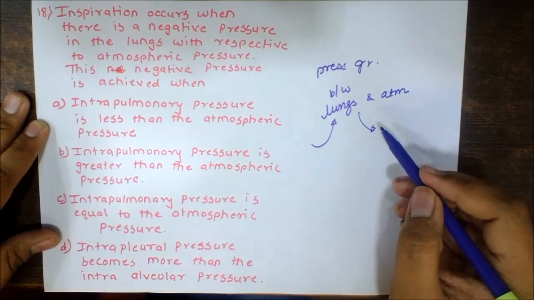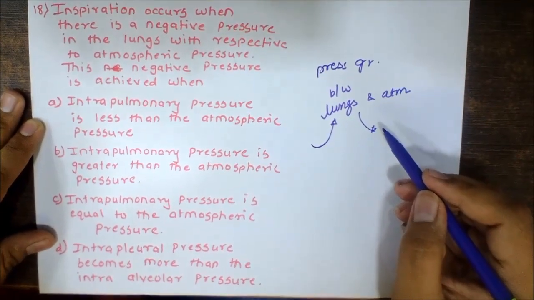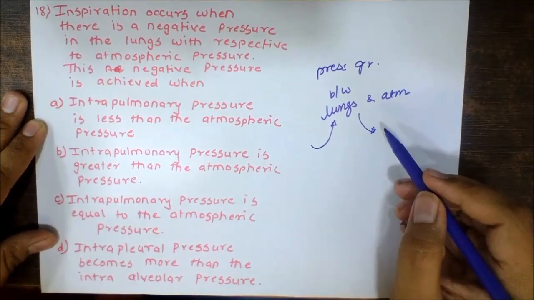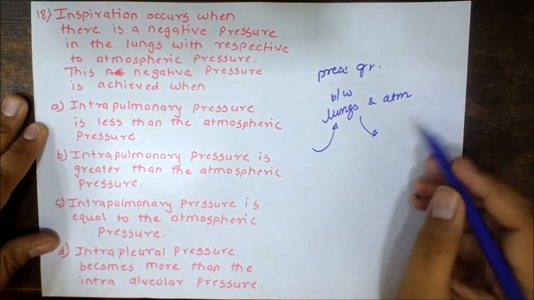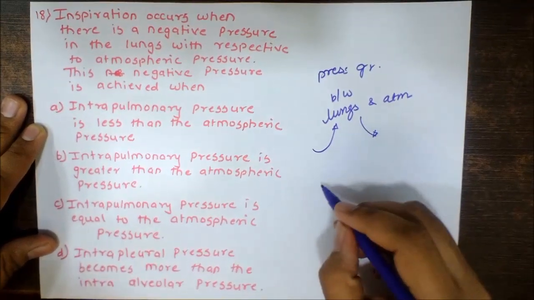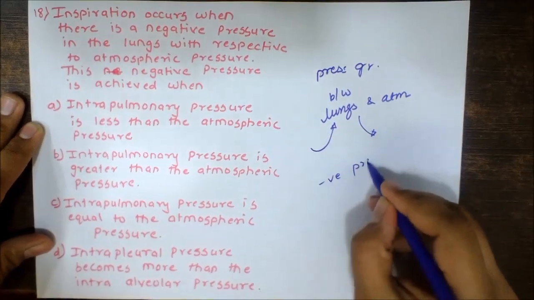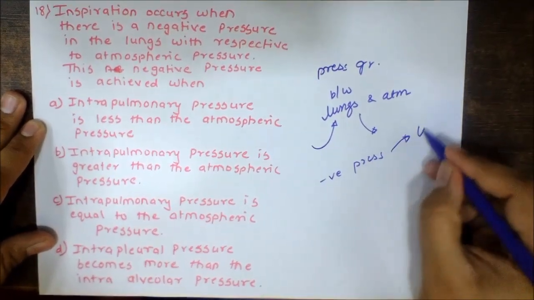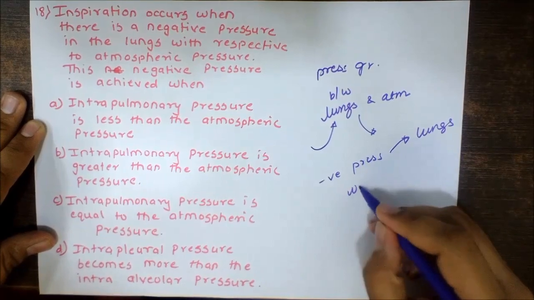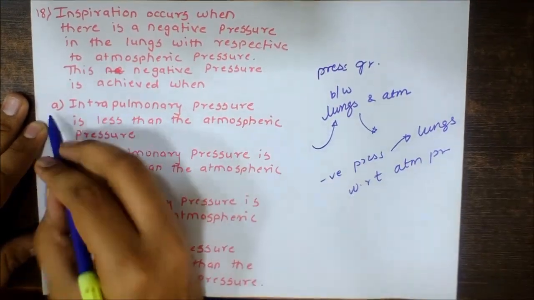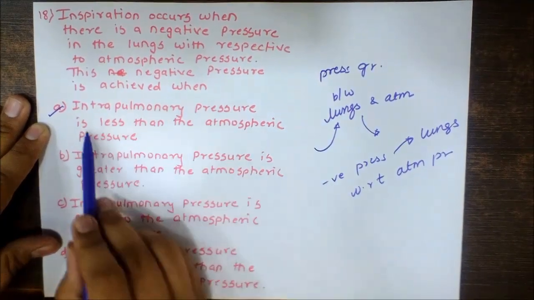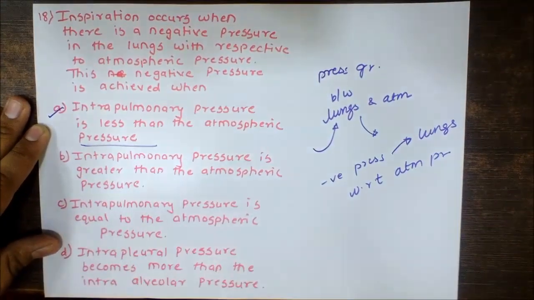Inspiration occurs if the pressure within the lungs, that is intrapulmonary pressure, is less than the atmospheric pressure. That is, there is negative pressure in the lungs with respect to atmospheric pressure. So option A, intrapulmonary pressure is less than atmospheric pressure, is the correct answer.